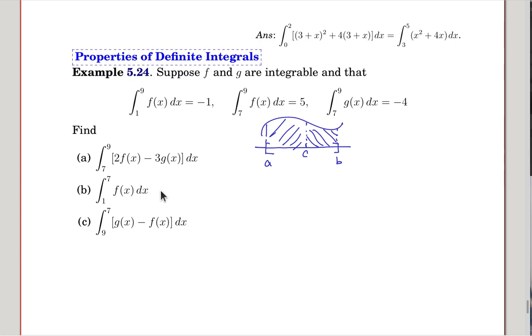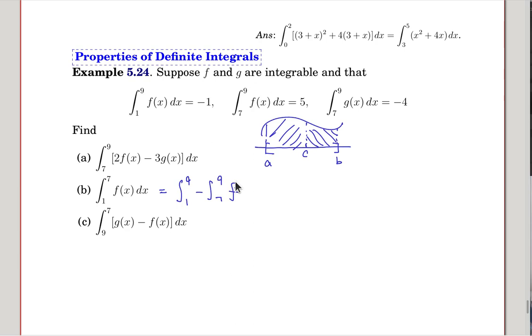However, that one is the same as, since we know 1 to 9 is given, if we eliminate 7 to 9, then the remaining part is 1 to 7, so we subtract the integral from 7 to 9 of f.